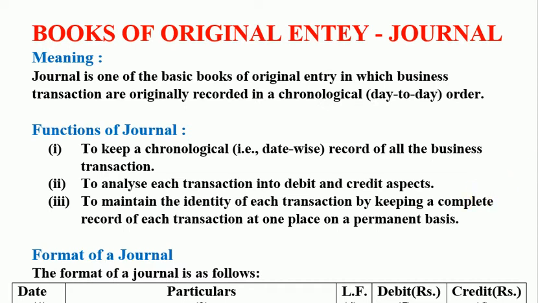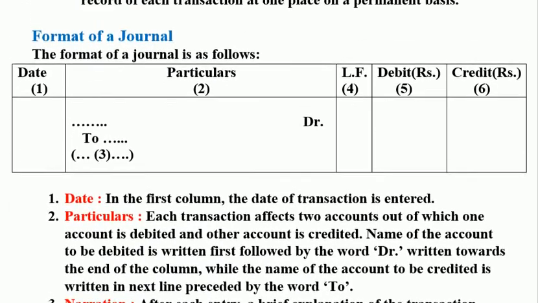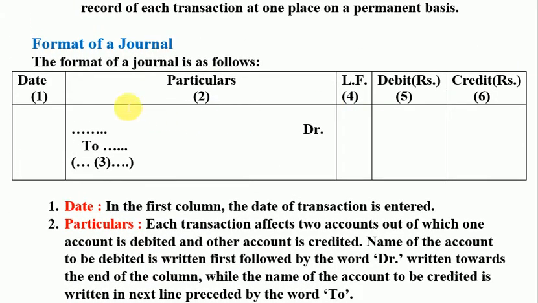Now comes the format of journal entry. So here this is the format of journal. The format of journal is as follows. In the format of journal, there are 5 columns. First column is known as the date column. Second column is known as particulars.